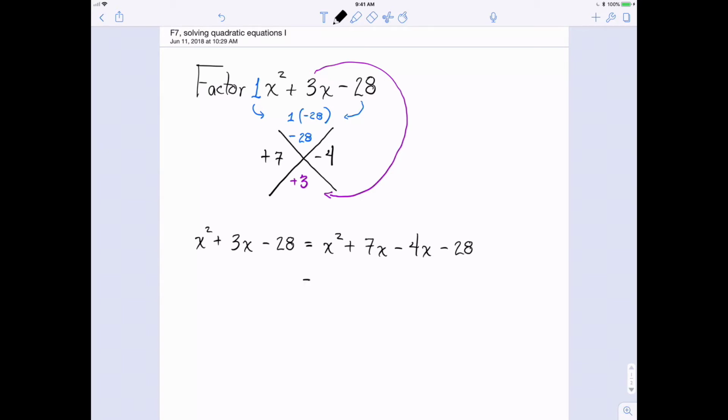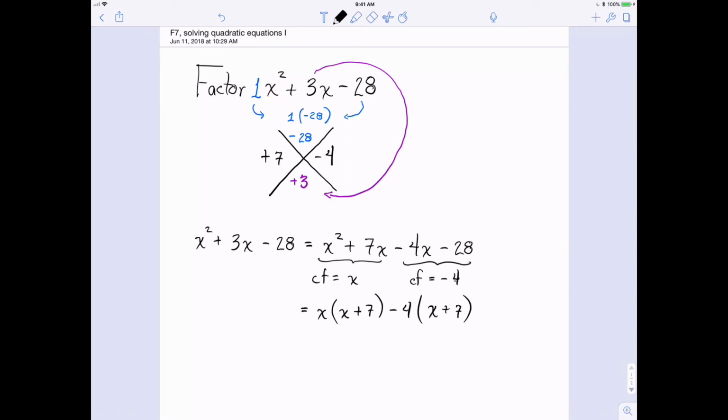We have a common factor in the first group, x in the second group. I'm going to try the negative 4. If it doesn't work, remember we can always try just a positive 4, but let's try negative 4 this time. X times x plus 7 minus 4 times, oh, there we go.